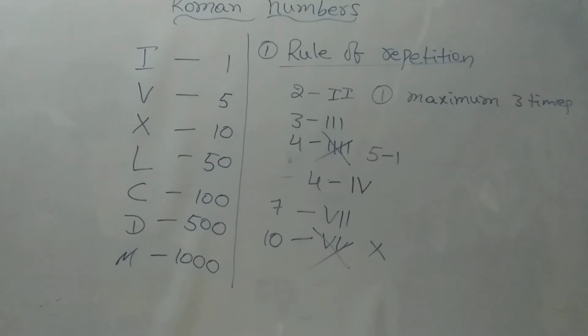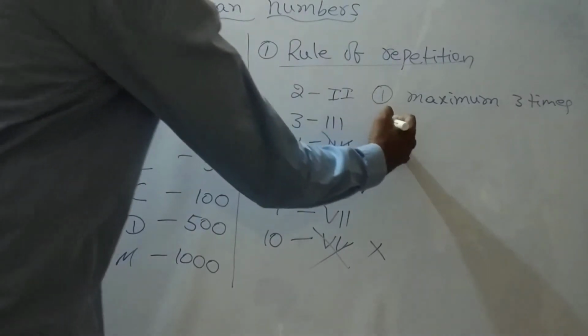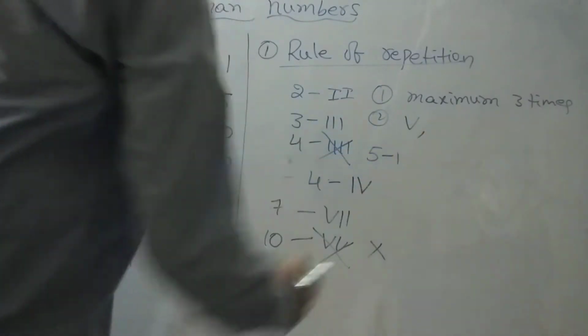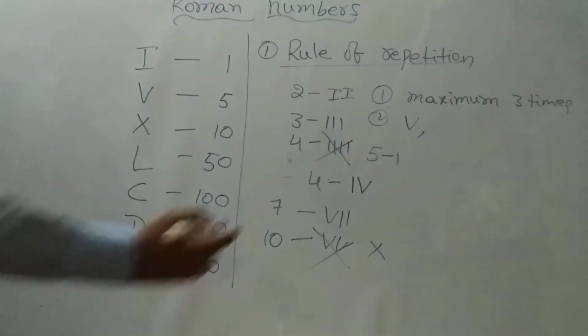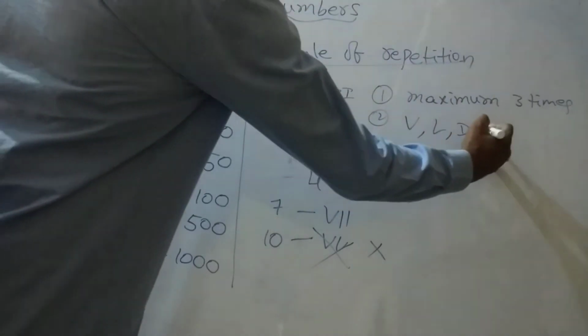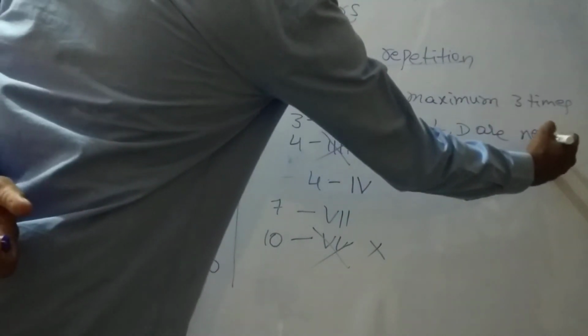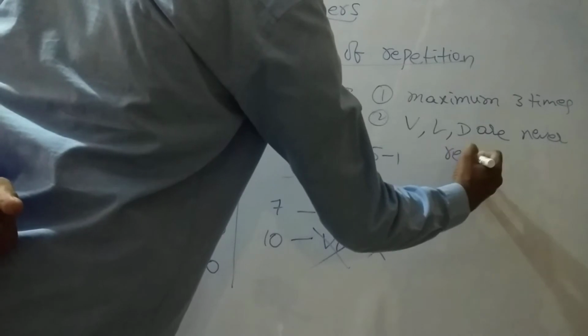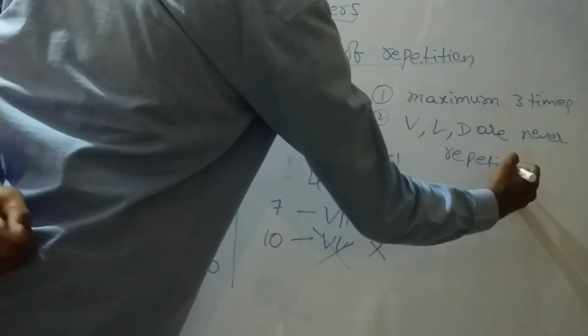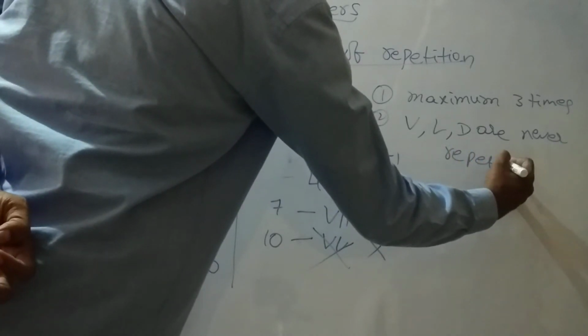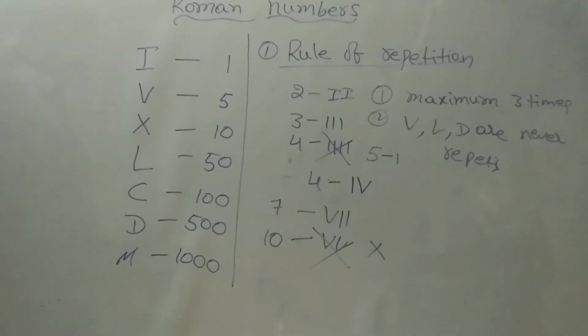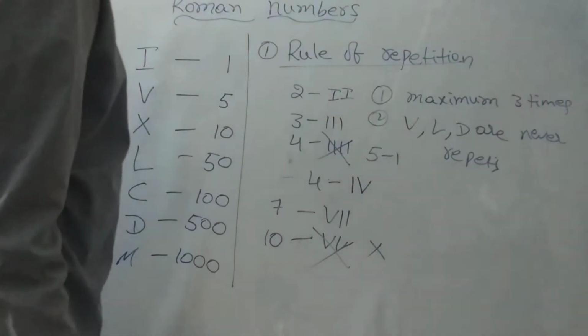Like this, we have 2 more symbols that are not repeated: V, L, and D. They never repeat.